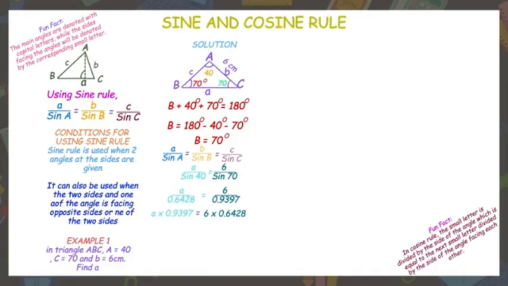So here we are going to have 0.9397A is equal to 6 multiplied by 0.6428, which will give us 3.8568. That is what we are going to have. We divide both sides by the coefficient of A, which is 0.9397.